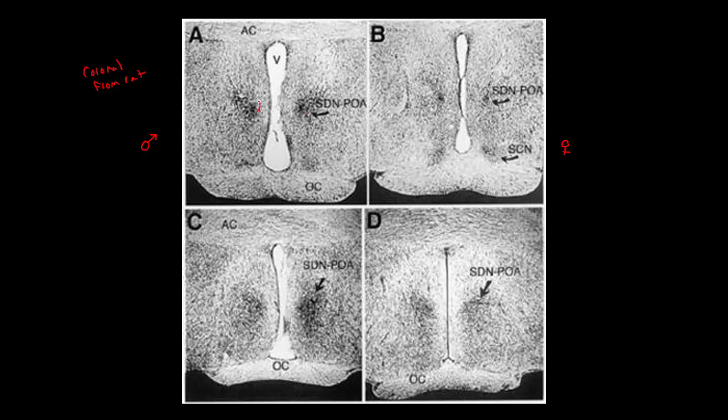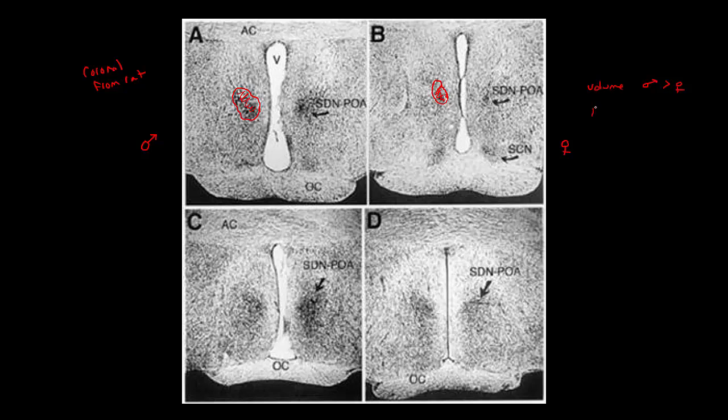So in the male, we can draw something like this. Okay, that's the SDN-POA. In the female, it's a little harder, right? But we can draw something like that. If we look using Cresyl Violet, the volume of the nucleus, males are greater than females.